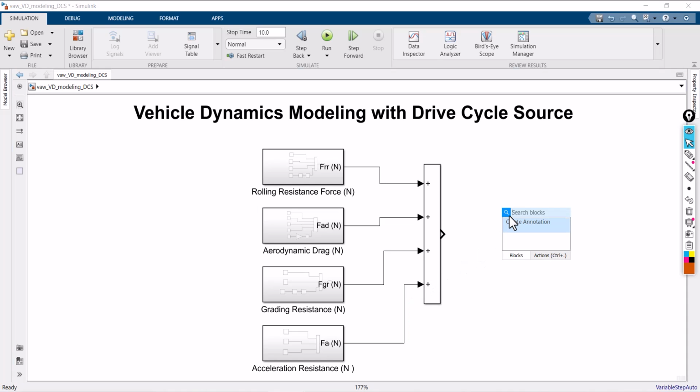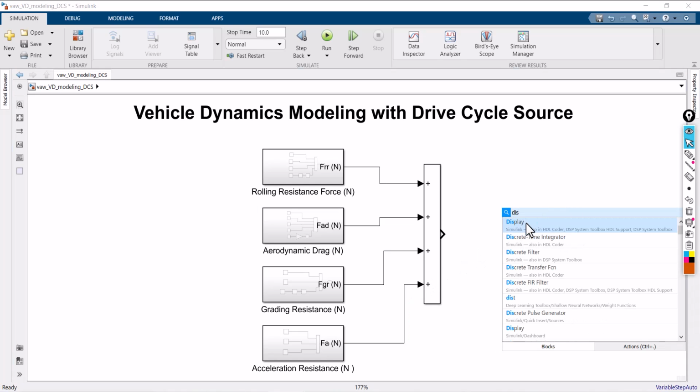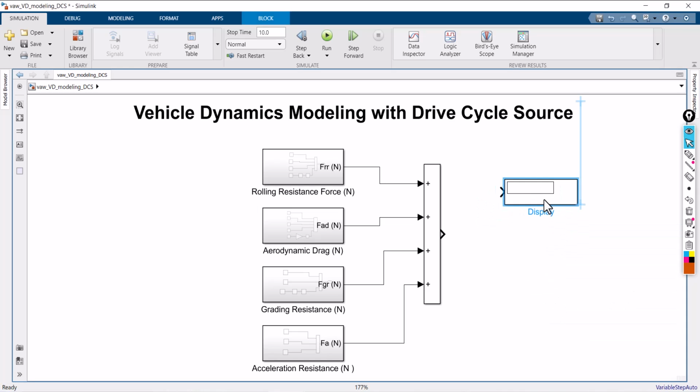If you want to see the output, you can use a display, because whatever the input we are using is only constant. Therefore, you can use a display as output. Suppose your input is variable with respect to time, you have to use a scope. Let me take its total tractive effort in Newton.